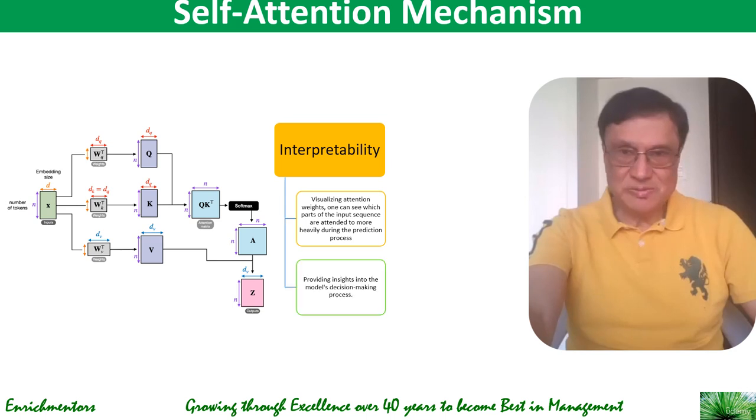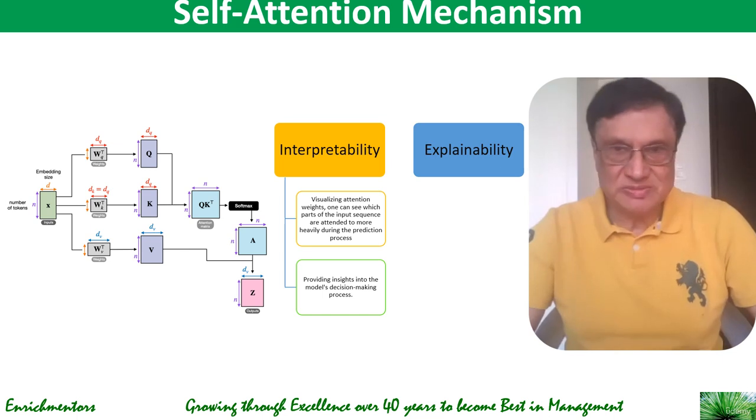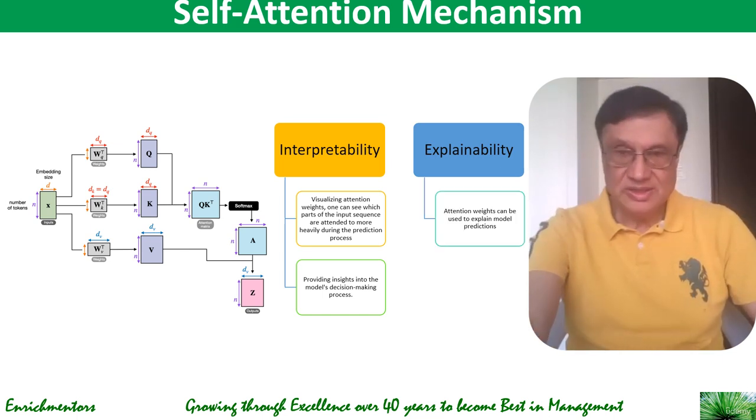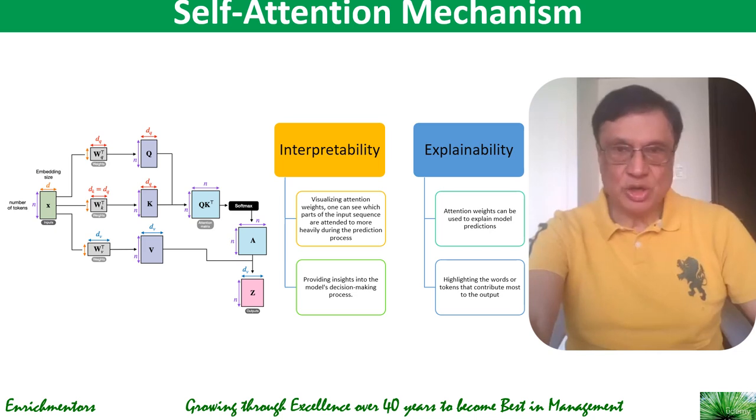Also, in terms of explainability, attention weights are used to explain model predictions. How? By highlighting the words or tokens that contribute most to the output. So that is how the self-attention mechanism helps you consider interpretability and explainability.